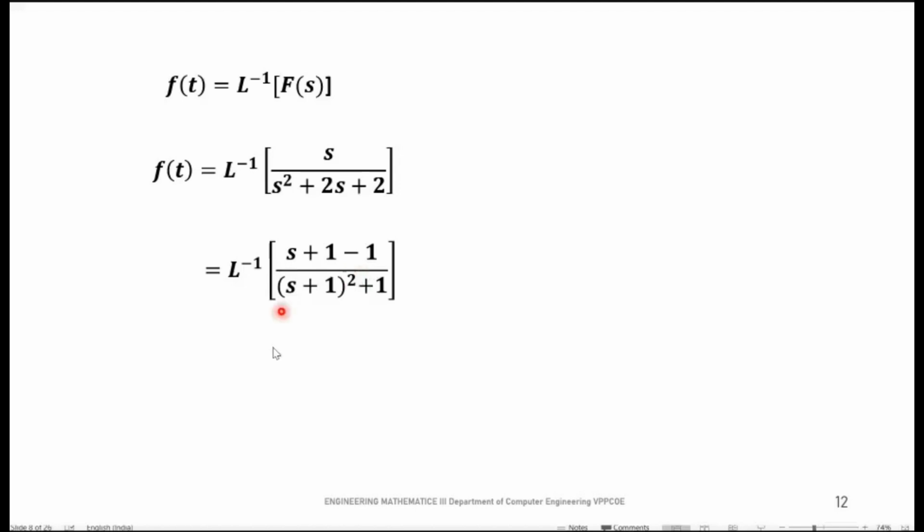Okay. So since denominator s is replaced by s+1 after completing the square, now numerator also we have to get s+1 because we are having s now. Adding and subtracting 1, then separating it and calculating the final answer.